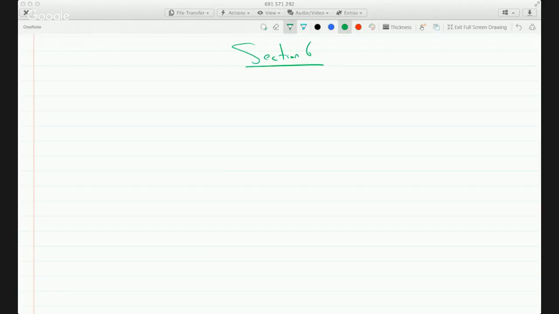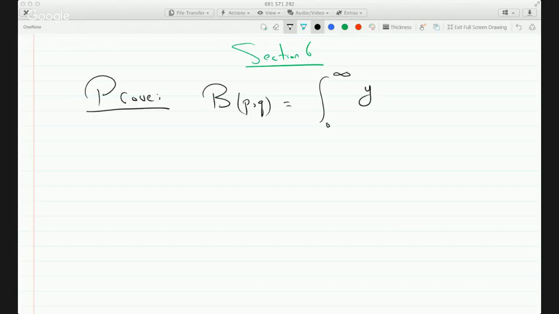And we're trying to prove that B(p, q) is equal to the integral from 0 to infinity of y^(p-1) dy over (1 + y)^(p+q).